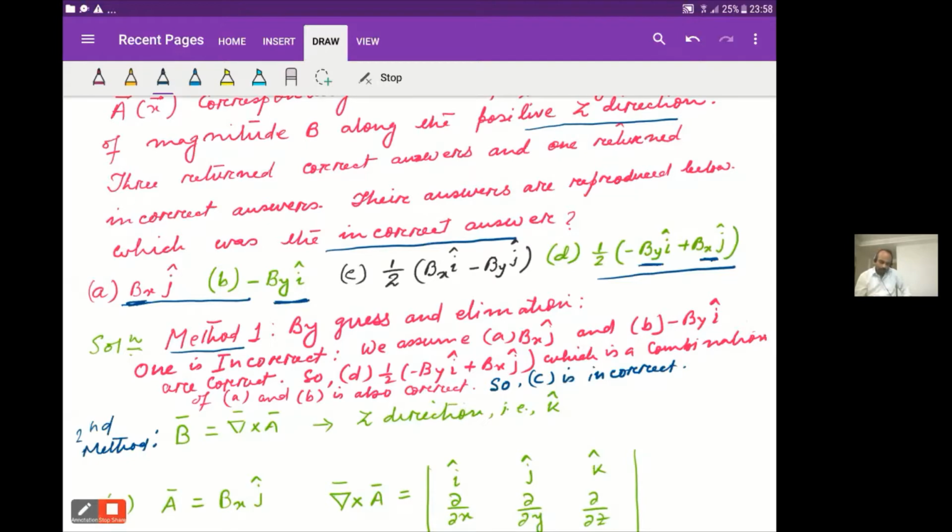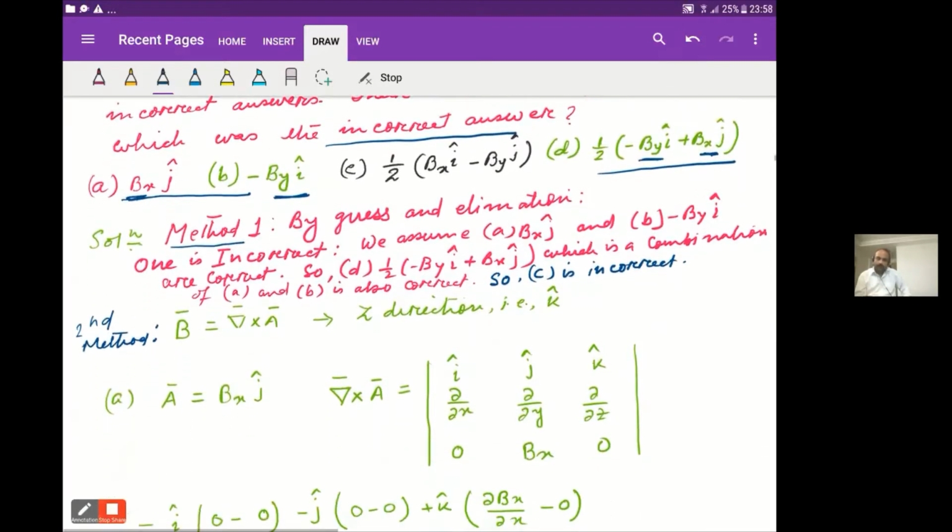Otherwise, we can use the second technique, and we know B is equal to curl of A, and B is along the Z direction, that is along the direction of k cap. Now all the options are for vector potential. So we can say A is equal to Bx j.